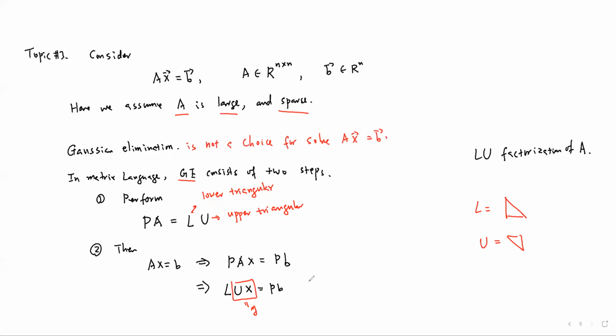Therefore, to obtain the solution x, we first solve Ly is equal to Pb. Because L is lower triangular, to solve this linear system we use forward substitution, right? Forward substitution.